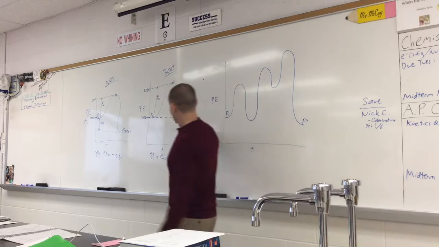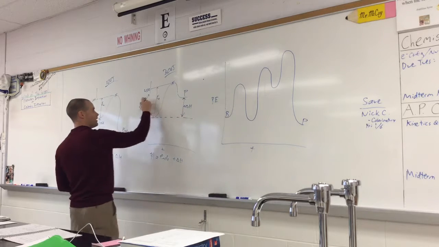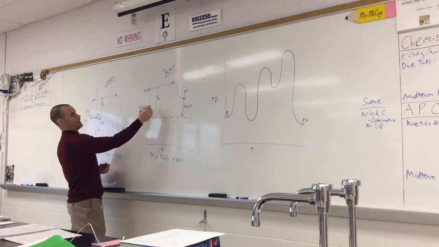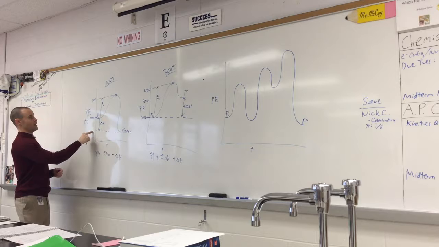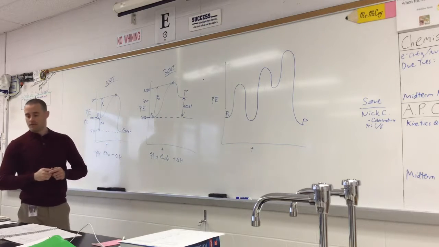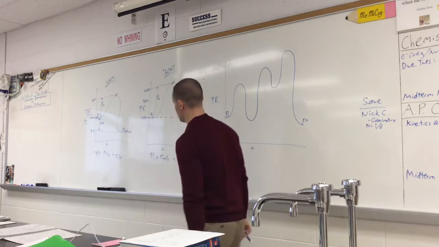Now, let's label the products. Let's say this product here is, I don't know, we'll say 350. And then these products here, we'll say 50. Just kind of covering all bases here, make sure you understand this stuff.